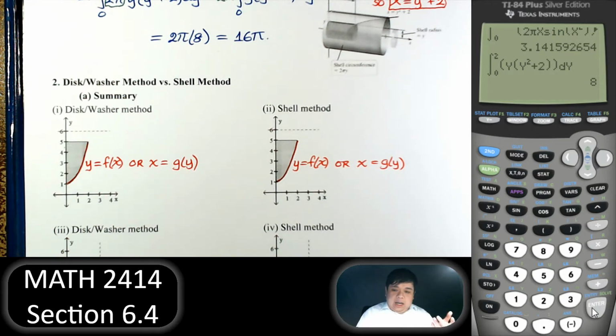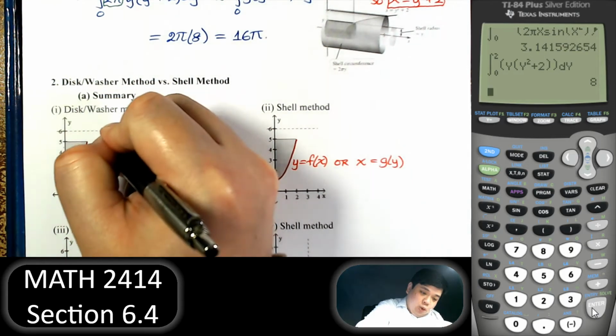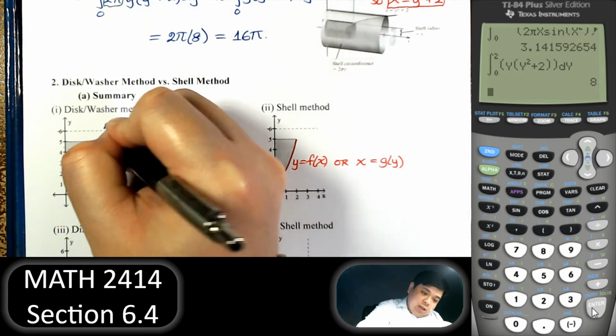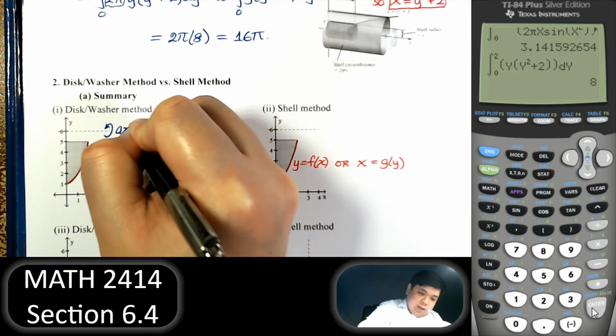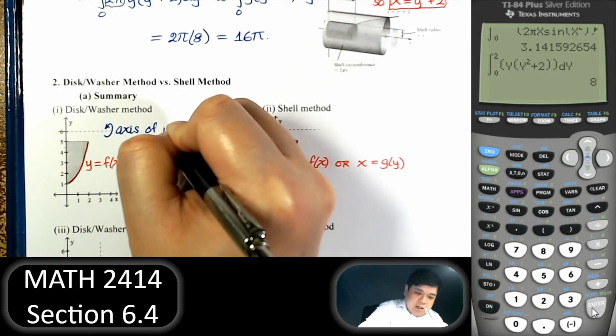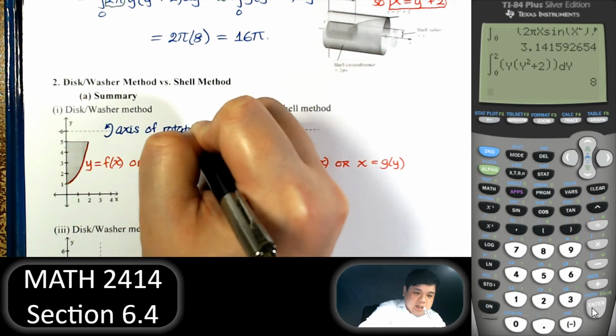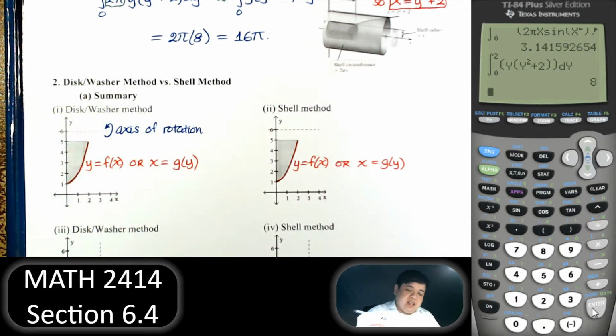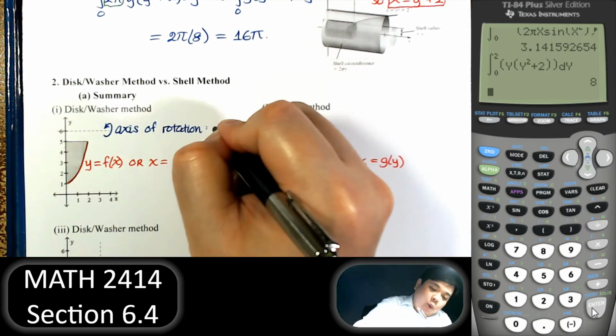And then, let's say we do the disk and washer method. The axis of rotation is y equal to 6.